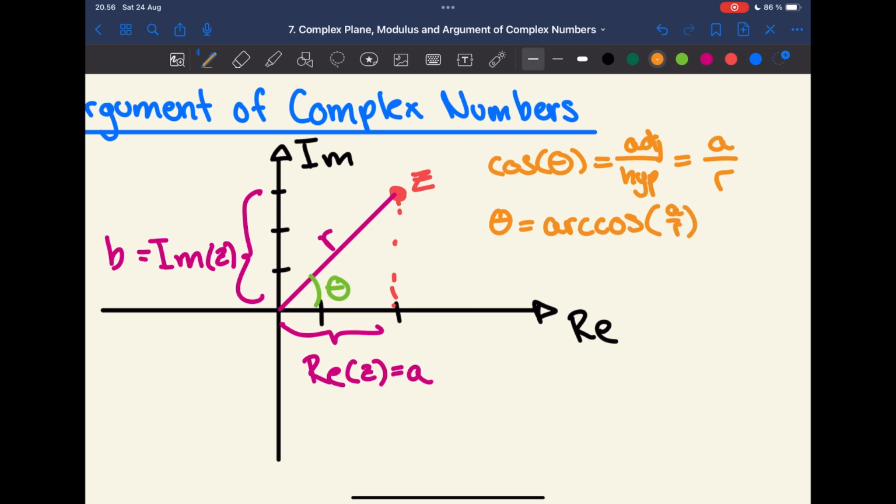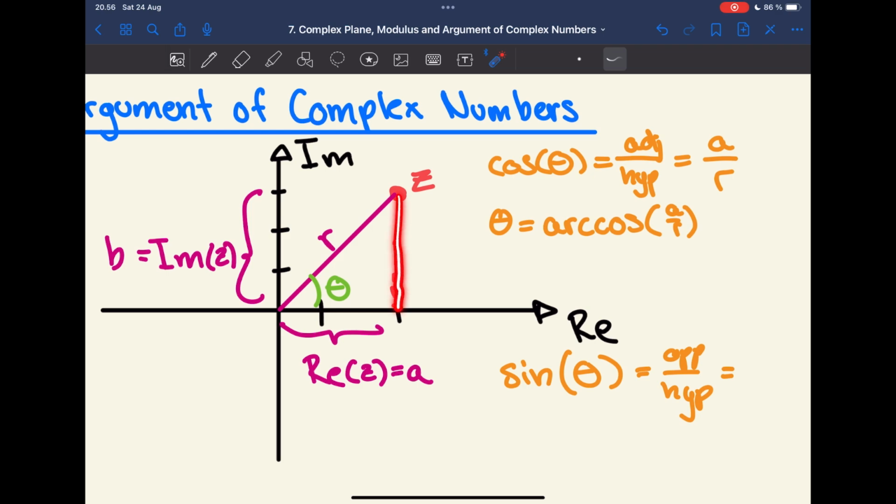Perfect. And we can do the exact same thing for sine. Then we would have, it's not the adjacent, but it's the opposite. So sine of theta would be equal to the opposite over the hypotenuse. And in this case, well, what is the opposite? Well, that's this length, but this length is simply the imaginary part of our complex number, which is b.